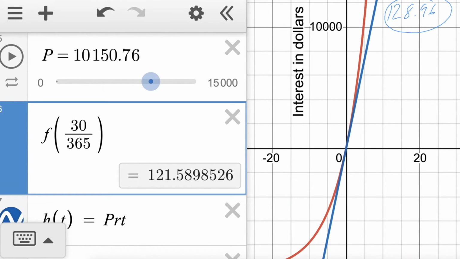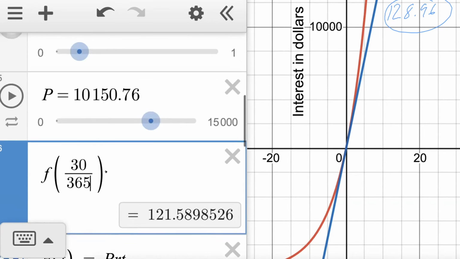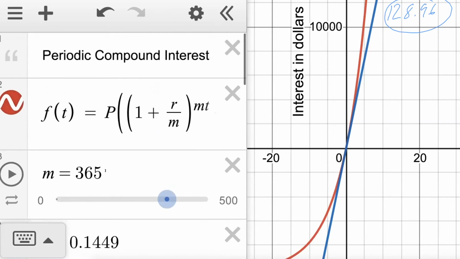If I assume they use 30 days as the number of days in the last period in order to calculate this interest, it's not correct, right? It's $121. It's not $128. So what is wrong here?